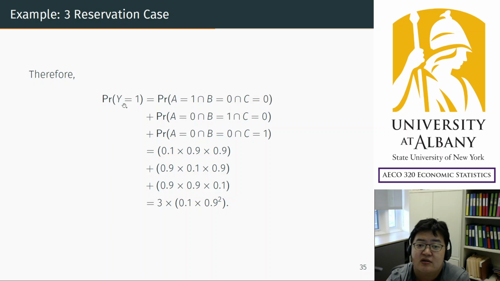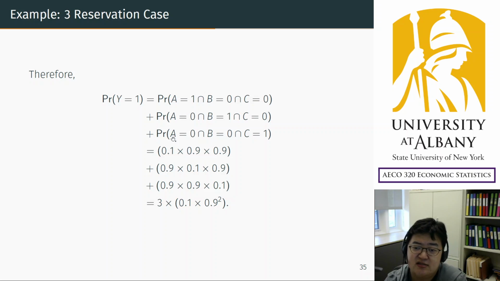Probability that there is only one cancellation equals A cancels, B doesn't, C doesn't. Plus the case where A doesn't, B cancels, but C doesn't. B cancels, but A and C don't cancel.